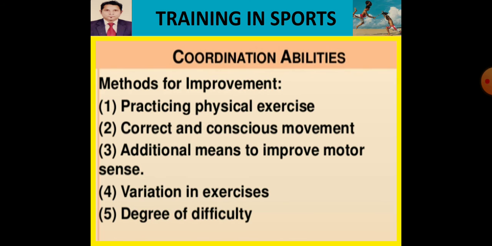For example, coordination between hands and eyes, feet and eyes. In volleyball, the smashers smash the ball according to the lift of the ball, and blockers coordinate according to the movement of his hand, head, and feet.